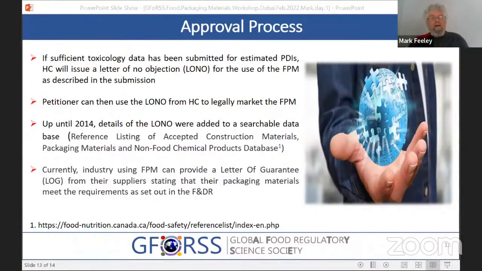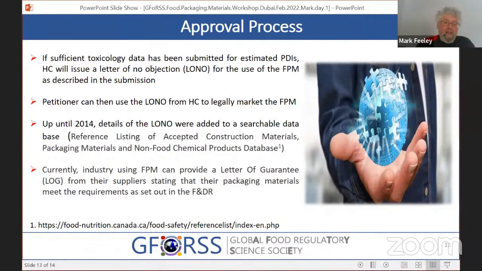What was convenient is that up until 2014, every food packaging material, including every chemical added to food packaging material, was added to a searchable database. This is the reference listing for acceptable construction materials, packaging materials, and non-food chemical products database, and the URL has been provided there. Up until 2014, all the information from a letter of no objection was added to this database.